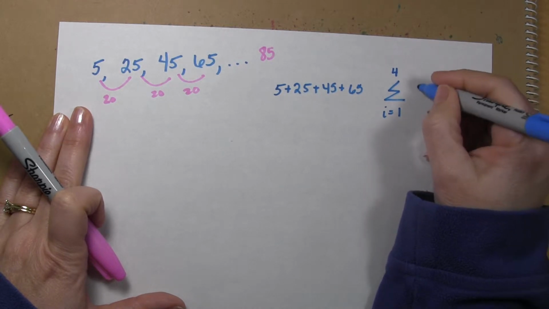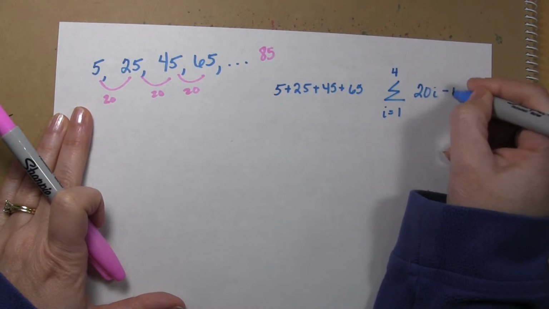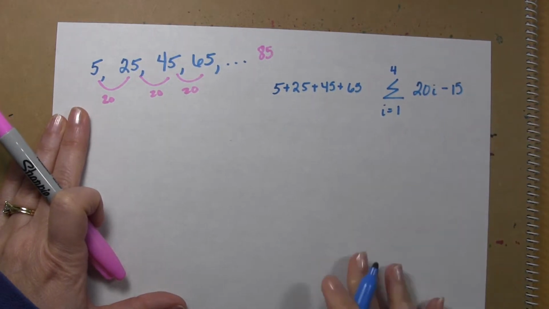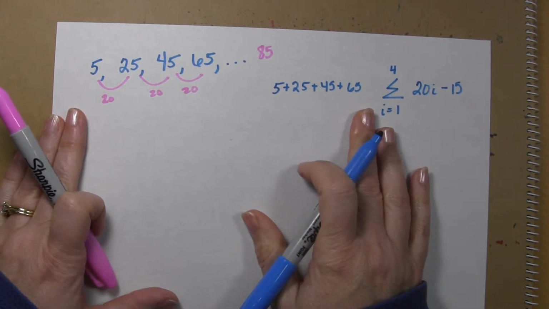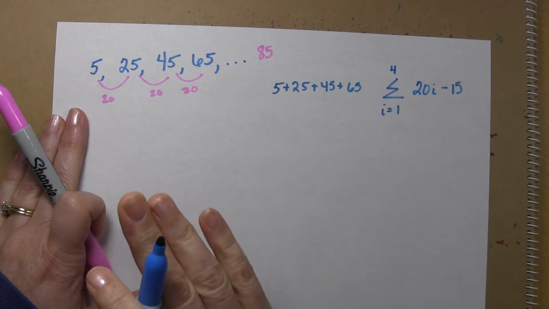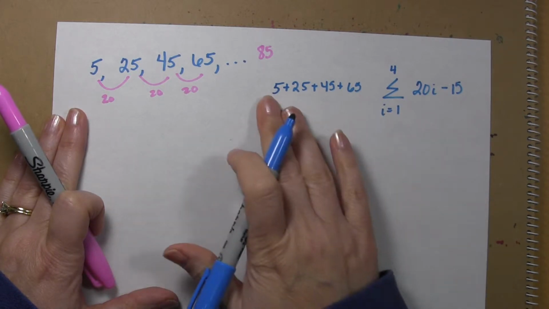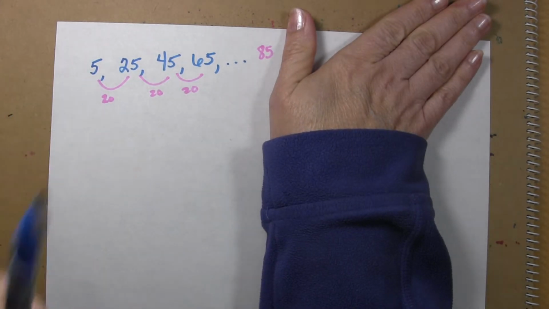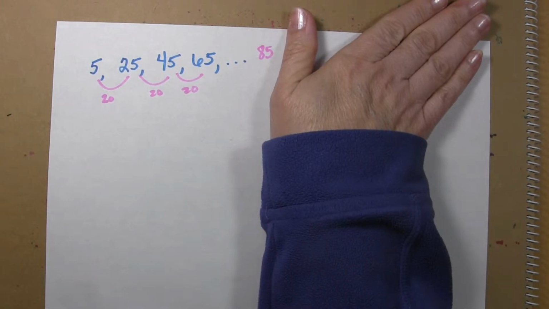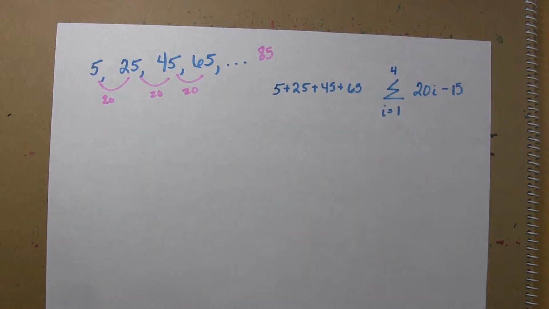And it is ugly. It's 20i minus 15, which I do not expect you to be able to calculate on your own at this point. But again, this would be if we're adding them all together. If we're not adding them all together, we need to come up with some different notation. And that is what we're going to learn now.